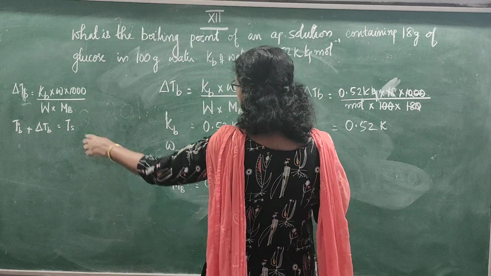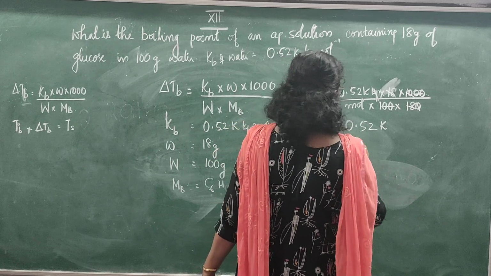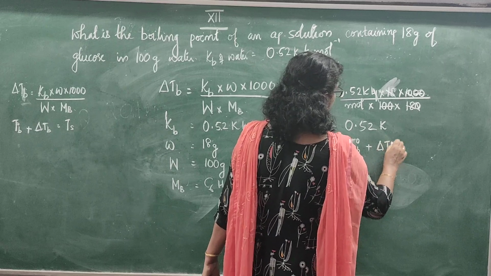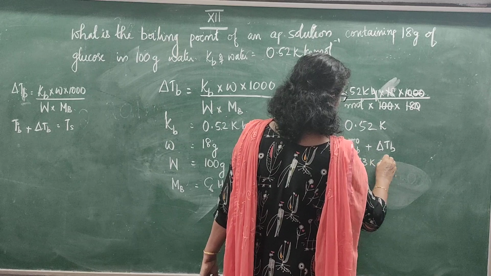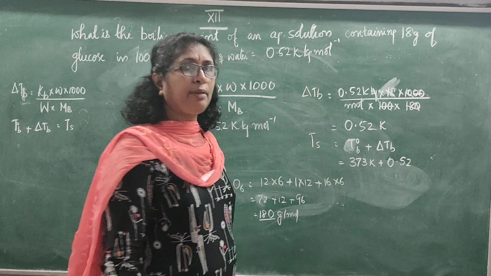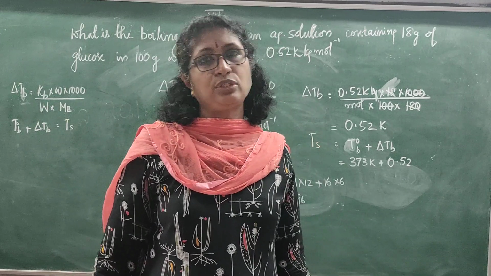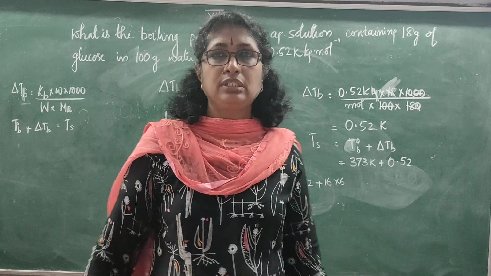Now we know the T0. What is Ts? Ts is equal to T0, the boiling point, plus delta T. That is T0 is 373 Kelvin, plus 0.52. Or you can even use 373.15, because to convert to the absolute scale it is actually 273.15, or simply you can add 373.